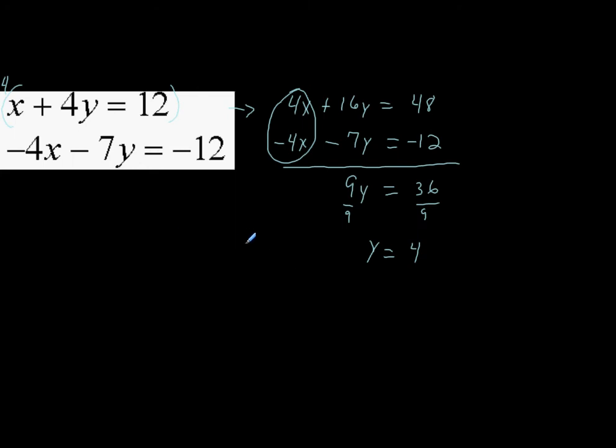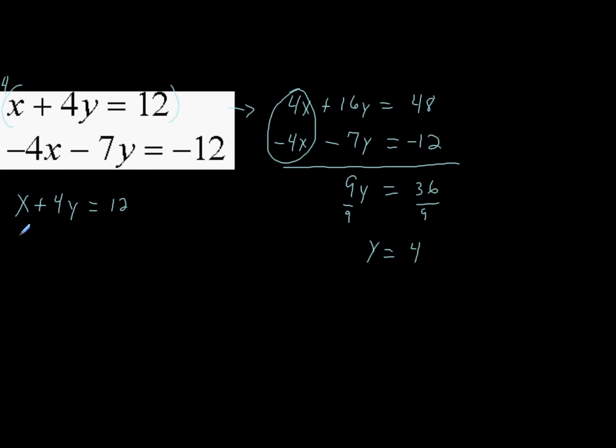With y being 4, let's take that and substitute it into the equation. Let's take the top one this time and rewrite it. X plus 4y equals 12. Notice I took the original equation. You can take this one, or one of these, to substitute the value to find your other variable.